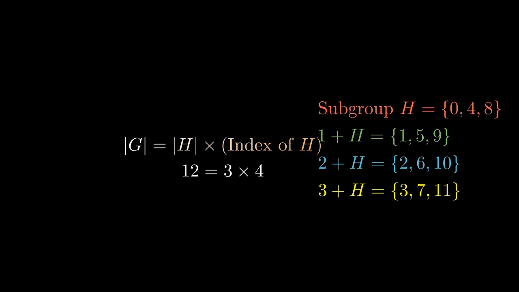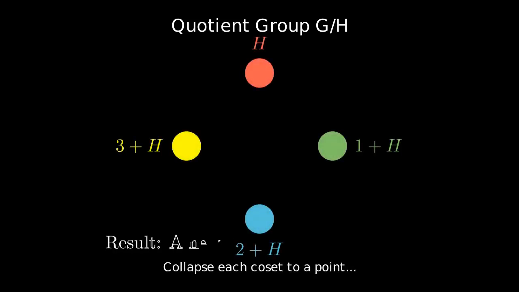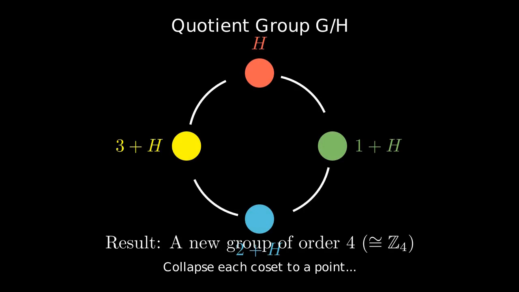So the total number of elements of the group is 12. We had 4 subgroups, each subgroup had 3 elements. We can form a quotient group by these cosets. The number of cosets forms a new group, which has order 4 in our case.